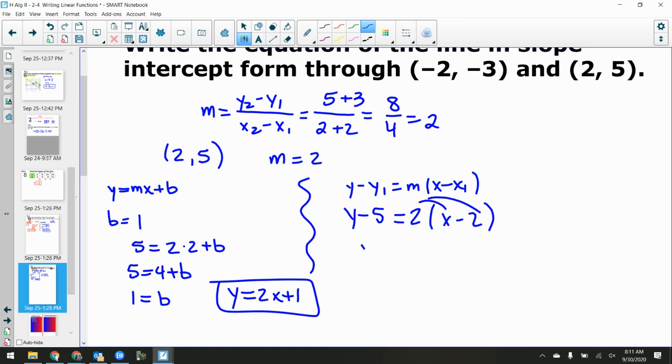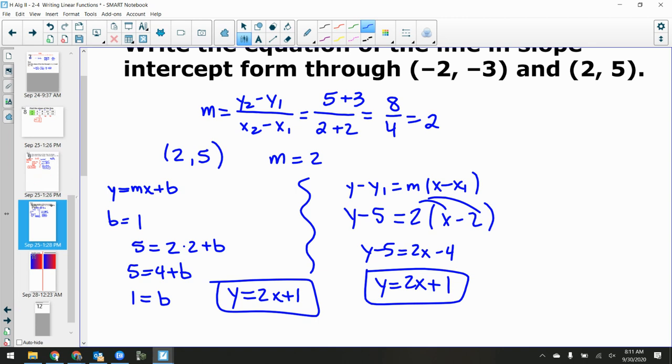Distribute the 2. Add the 5. I get the same answer. Again, it's your choice from here on out. I don't care what you do. Solve for b, point slope, find the one that works for you, and do that.